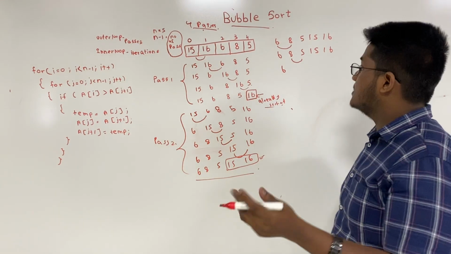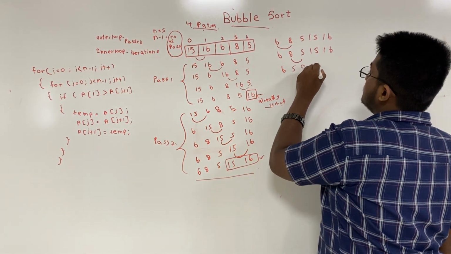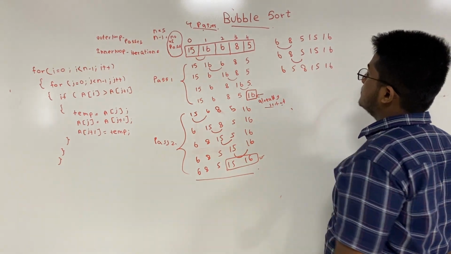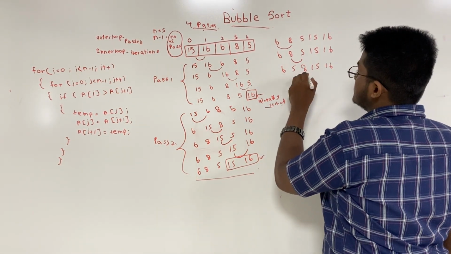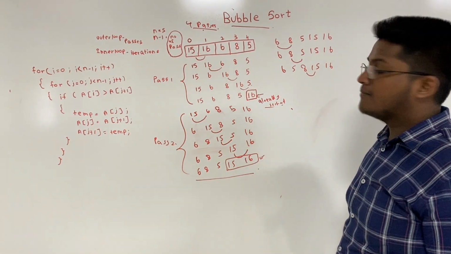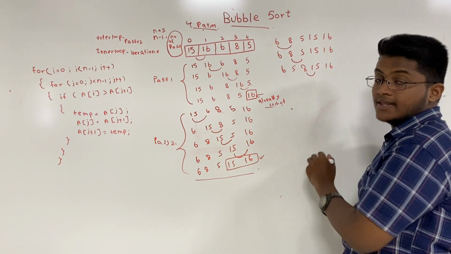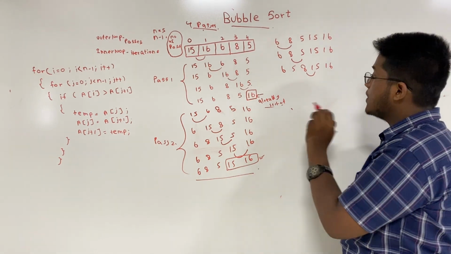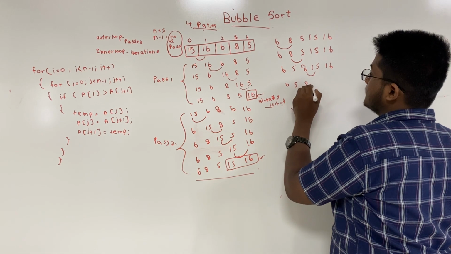Then we swap: 5, 8, 15, 16. Now we are checking 8 and 15. Is 8 greater than 15? No. We write the same answer.